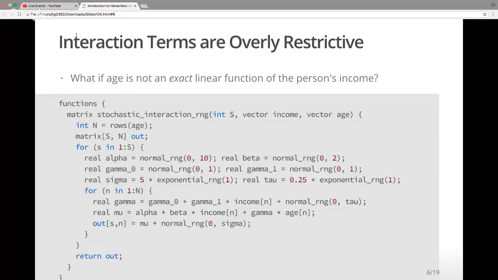Yes. So you could make tau be a function of income or age or whatever you want. Also, you could write this as gamma equal normal RNG, where everything here goes into the mean, and then there's just tau as your standard deviation, whether tau is a scalar, or tau varies from one group to the next, or tau varies from one individual to the next.